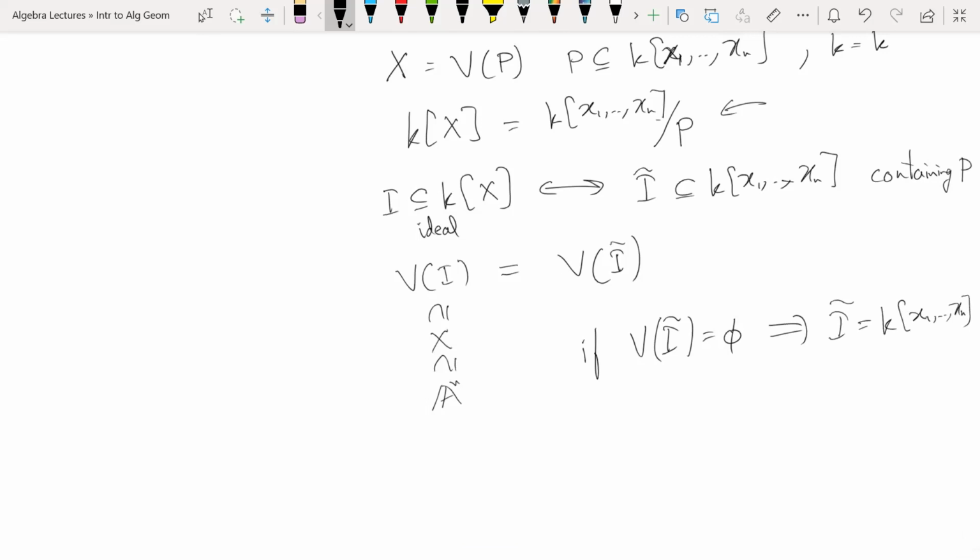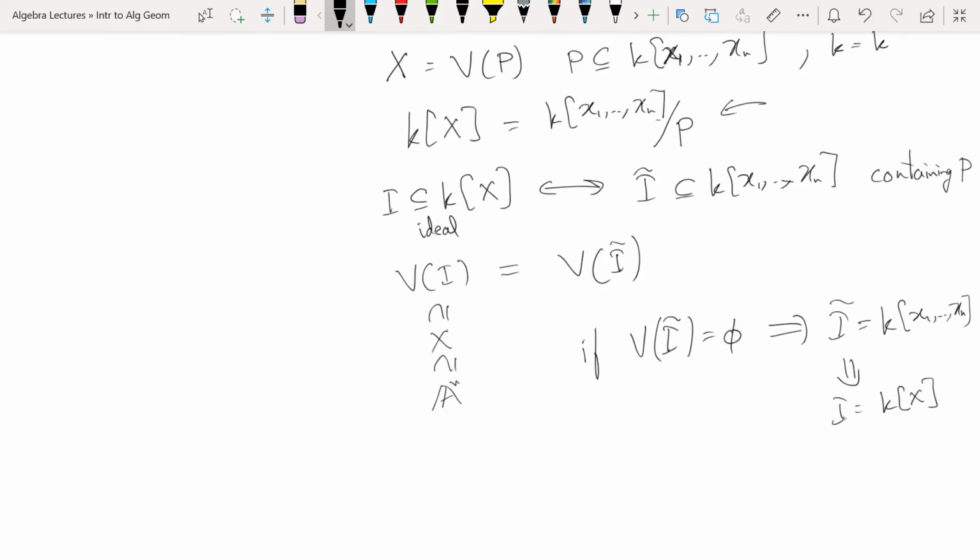And if I tilde is k[x1, ..., xn], this implies I has to be K[X], the coordinate ring of X. Otherwise, if I tilde is a proper ideal, then you can find a maximal ideal containing I tilde, and that maximal ideal is of the form (x1 minus a1, ..., xn minus an) for some a1 to an, because K is algebraically closed, by Hilbert's Nullstellensatz.